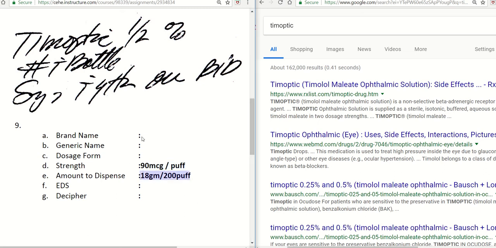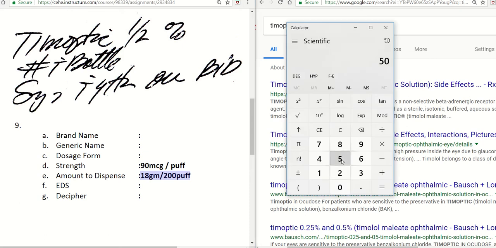So we got Timoptic, Timolol, dosage form ophthalmic solution. Strength 0.5%. Amount to dispense 5 mLs. And again, for eye drops and ear drops, we're going to estimate 20 drops per mL. So 5 mLs at 20 drops per mL will be 100.